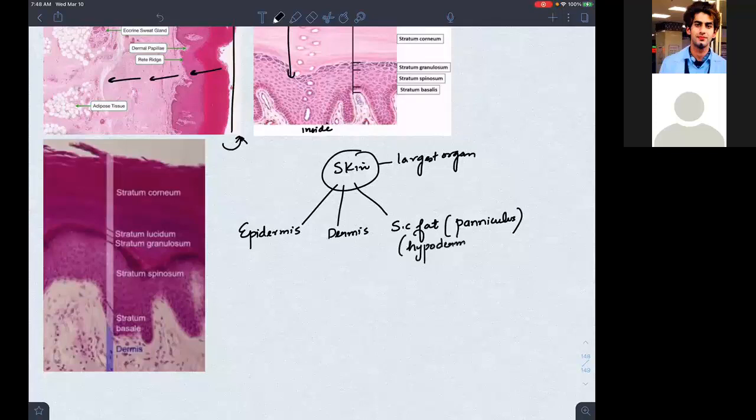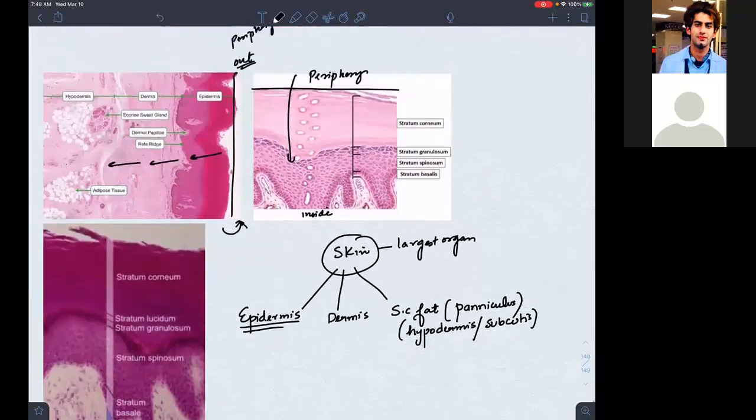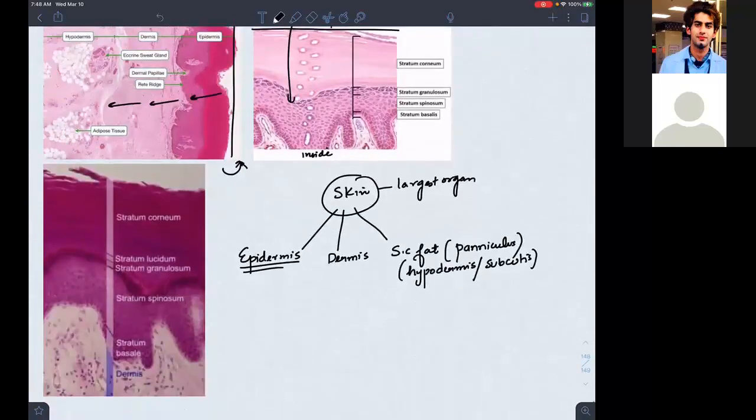Hypodermis or subcutis. So what is the epidermis? The epidermis is made up of a superficial stratified squamous epithelium.